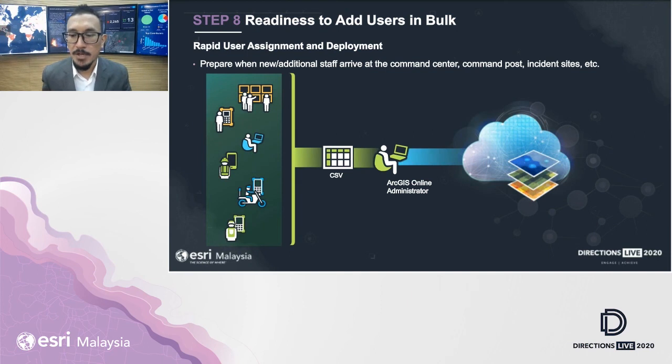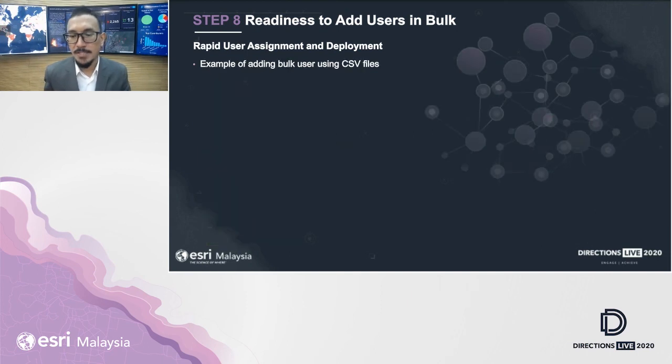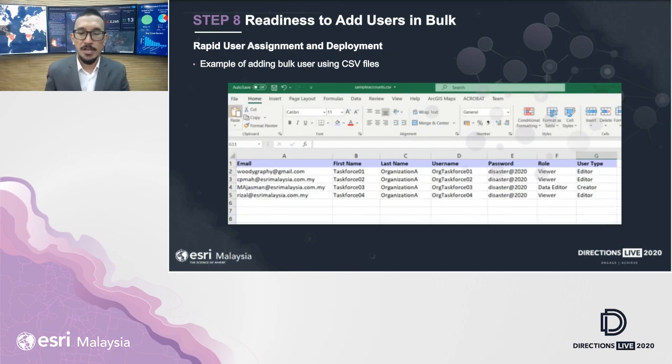This is an example of how the CSV file looks like, which has general information such as email, first name, last name, username, password, roles, as well as user type. Let me show you how easy you can use this kind of application.